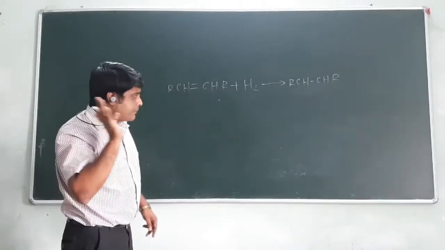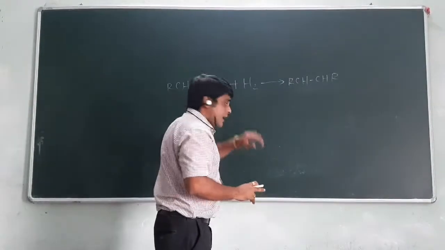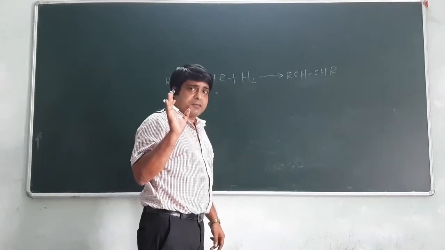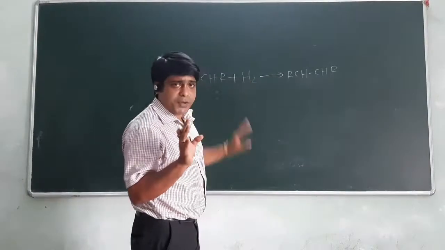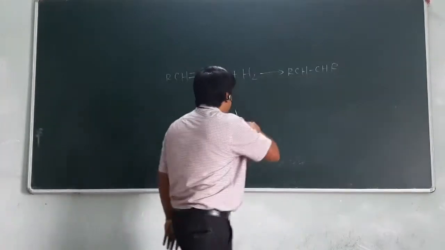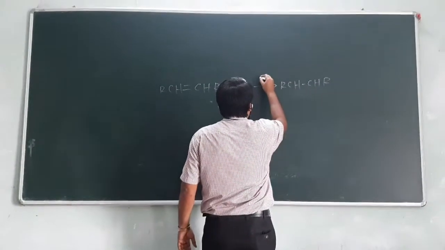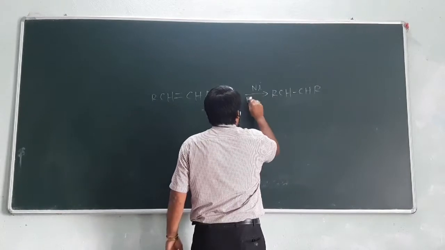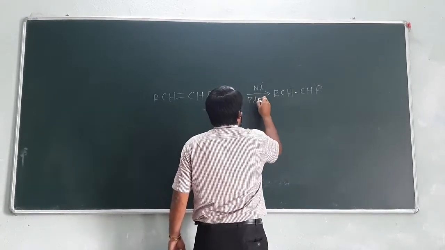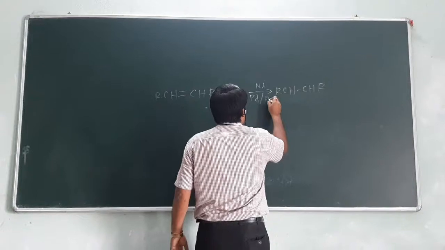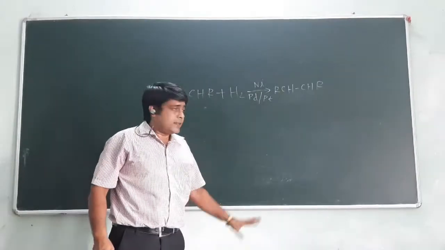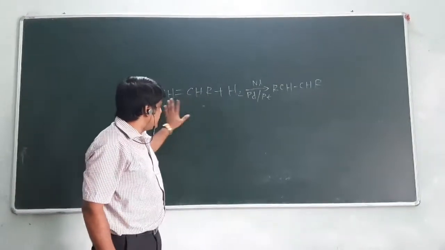For this reaction, a fine catalyst is required for the reaction completion. Here we will use as the catalyst nickel, aluminum, palladium or platinum. This combination you can use for this reaction.